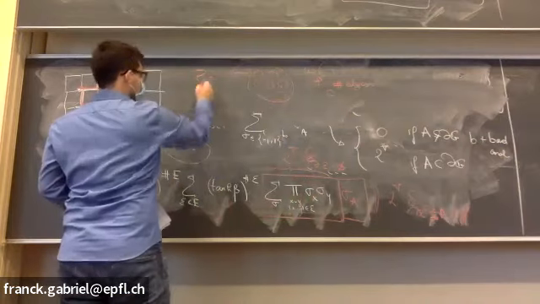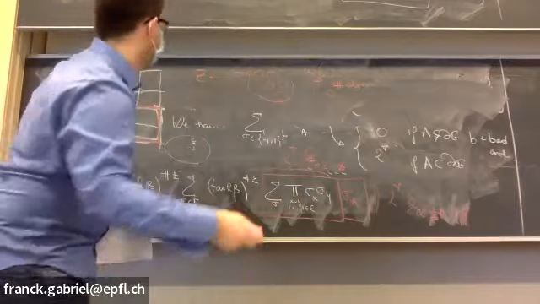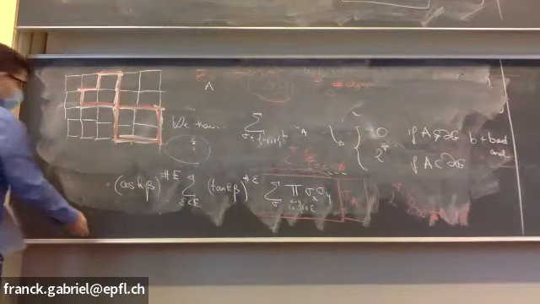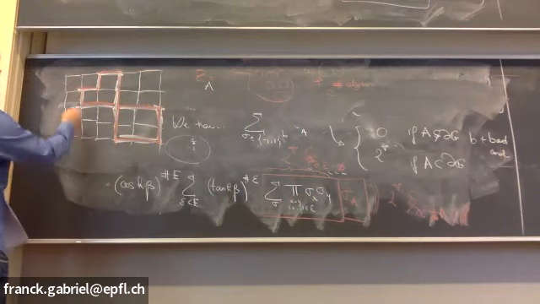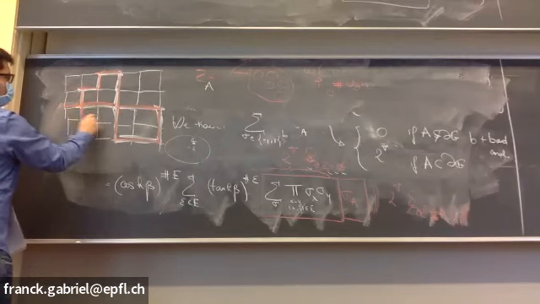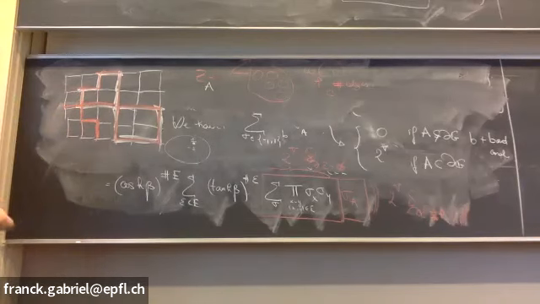Now, if I insert A, imagine now I want something with a source, let's say. So this is a selection of edges which has two sources, this and this. What does it look like?